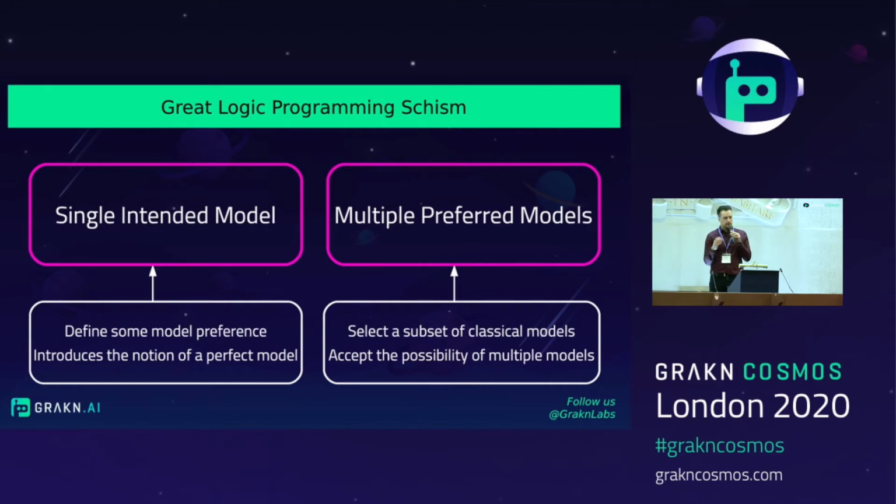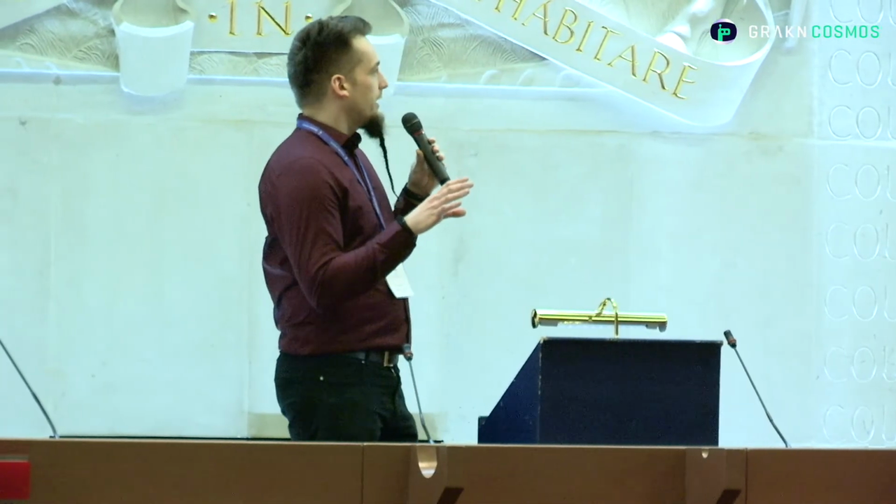The first way is to accept the fact that we have multiple models. The other approach is to say we still want only one model, so we need to come up with some model preference criteria.